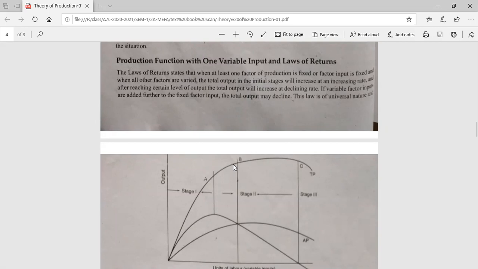If I further increase to 6, now the value is about 480. That means declining increase. When it is 4, it is around 400. When the labor value is 5, it is 450. Then I have further increased the value to 6. That means my input labor is 6 now, but the output is now 480 only.